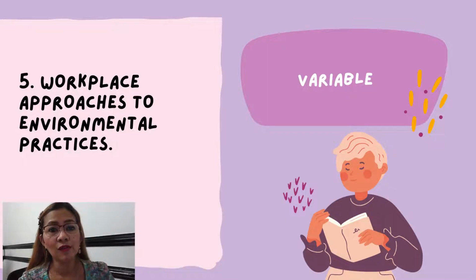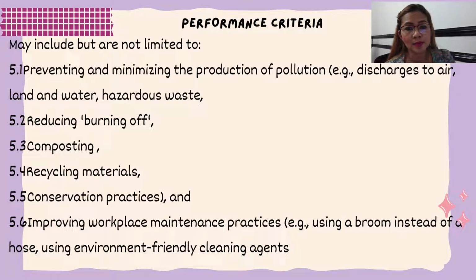Number five variable refers to workplace approaches to environmental practices. On our workplace approaches to environmental practices, this may include but is not limited to: number one, preventing and minimizing the production of pollution.